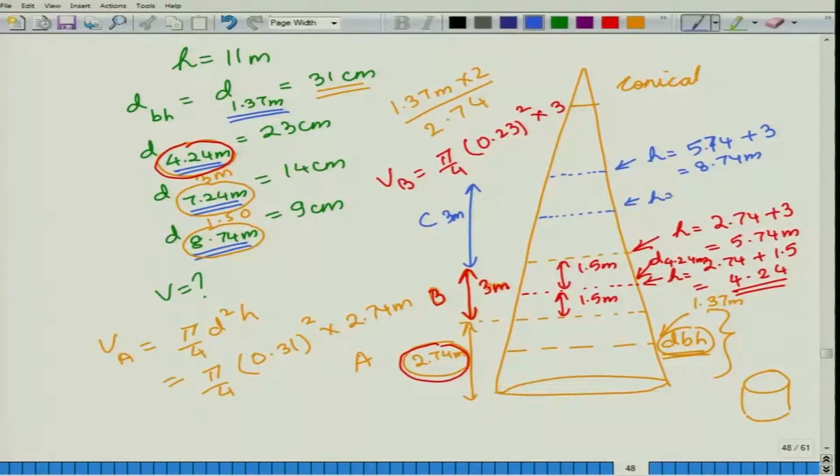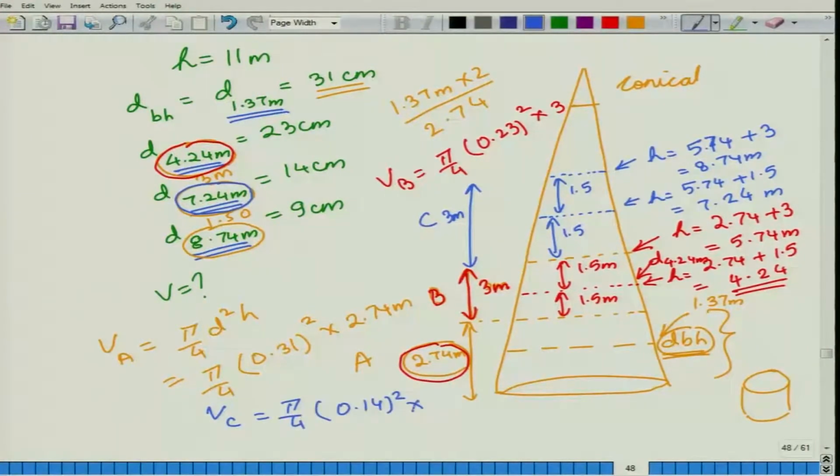At the midpoint your height is 5.74 plus 1.5, because this is 1.5 and this again is 1.5. So, this is 7.24 meters. Now, to calculate the volume of section C, it would be pi by 4 into d square, where d here is 0.14, square into 3.